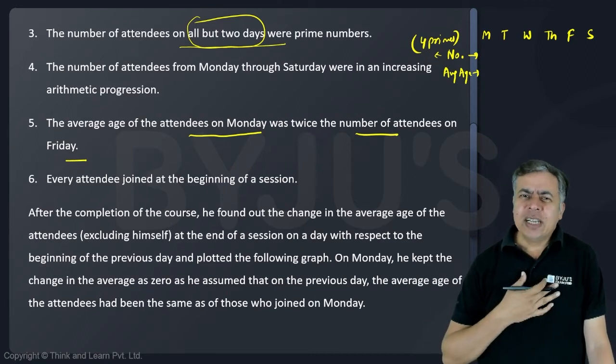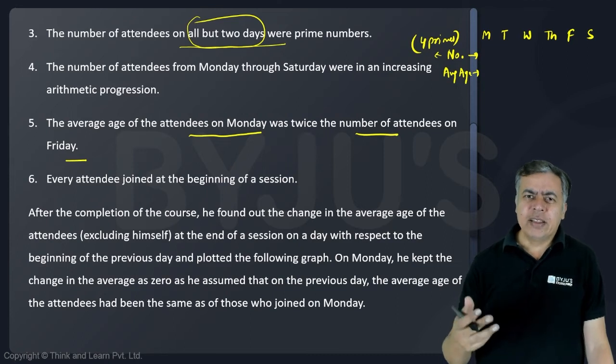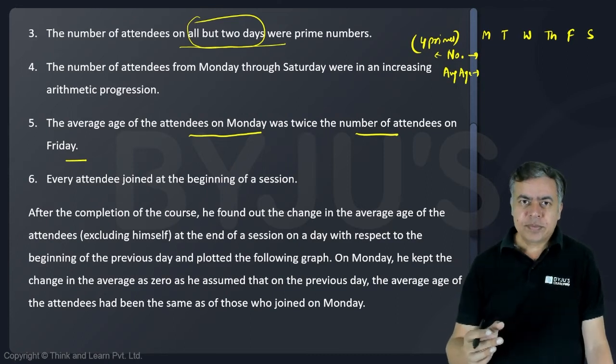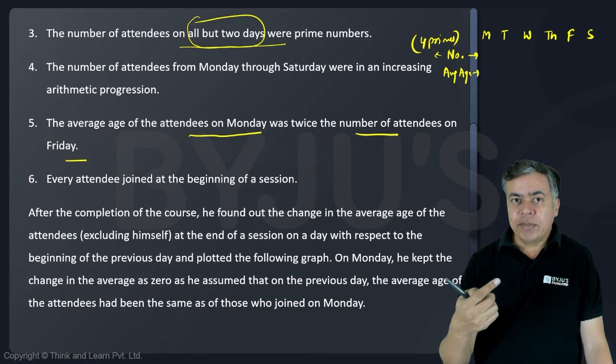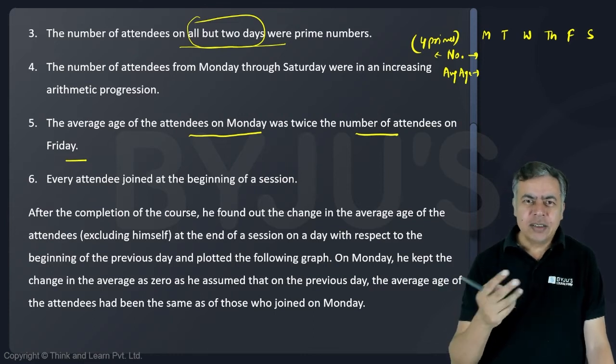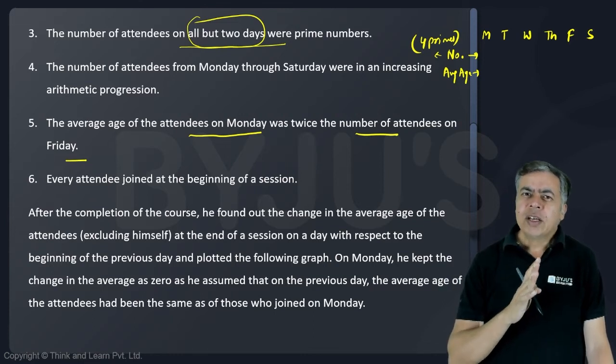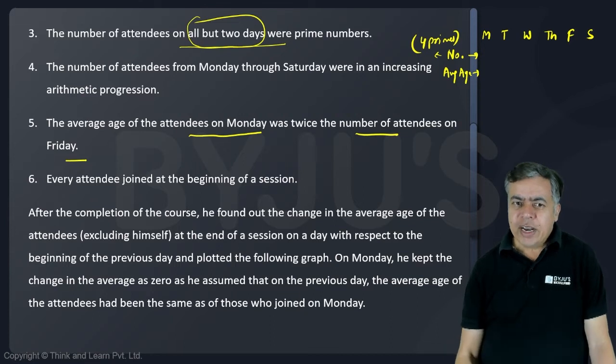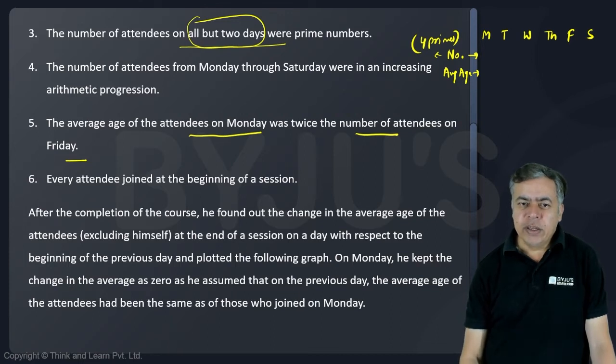But you know, average age cannot be anything other than in the 20s, right? And it is double of something, double of an integer. That means it is going to be an even number in the 20s. So on Monday, the average age can be 22, 24, 26, 28.